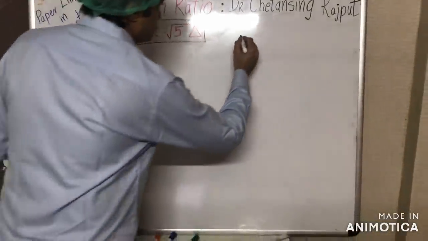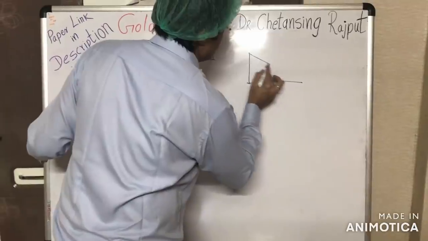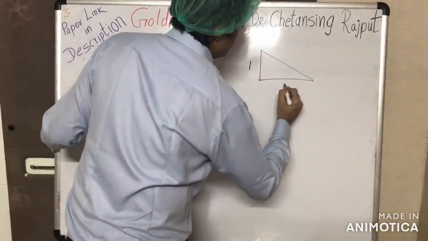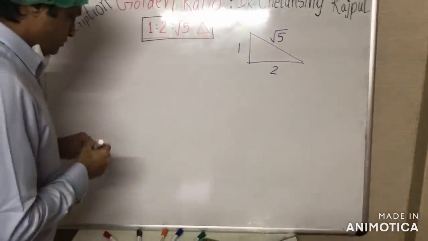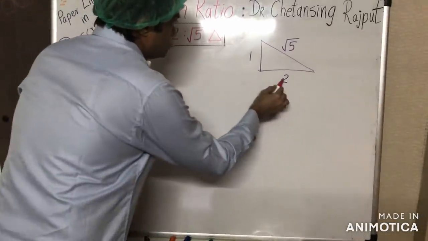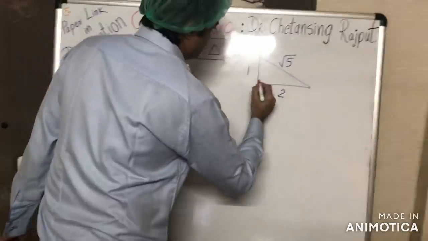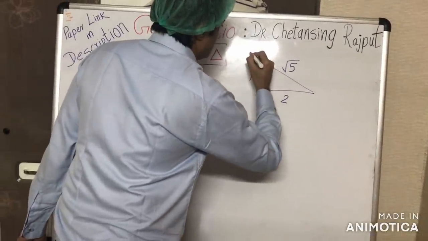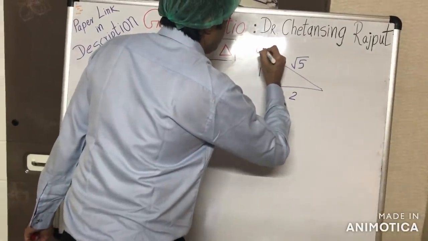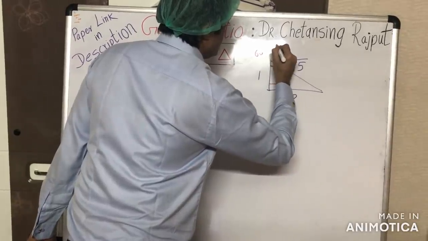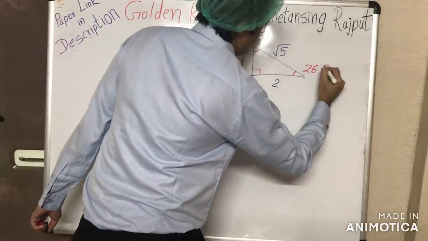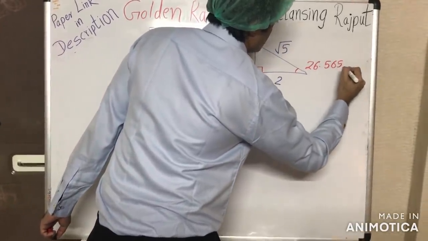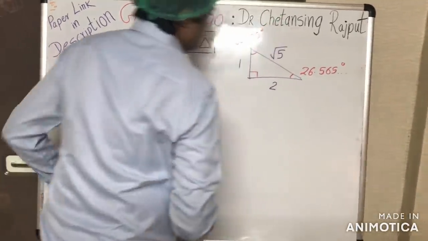Like we have seen, the 1 to root 5 triangle has sides 1, 2 and root 5. Remember the triangle sides 1, 2 and hypotenuse root 5, and see the angles. This is 63.435 degrees and this is 26.565 and so on in degrees.